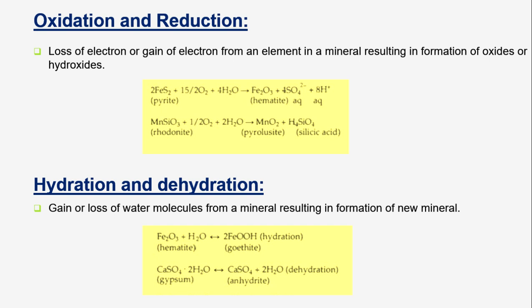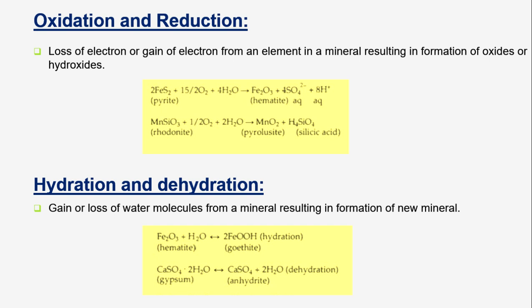For example, from the perspective of geological processes, the most common example is pyrite. The pyrite is FeS2, which is a sulfide, and it will react with water in the presence of oxygen and give out hematite, which is Fe2O3. Thus, if we are getting hematite in any area, we will see that the environment is an oxidized environment.